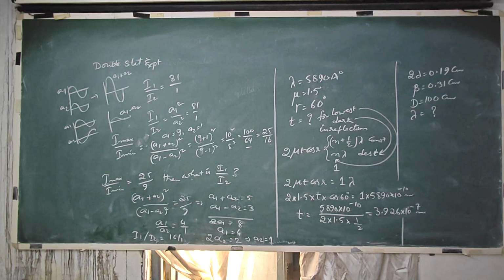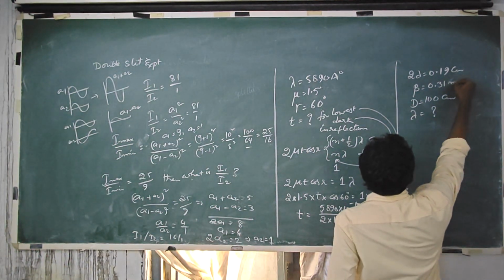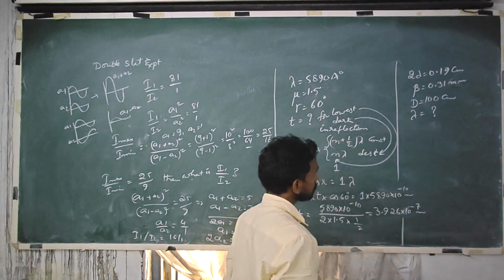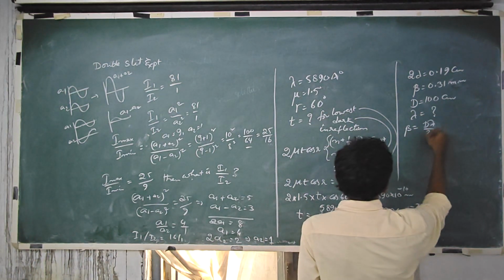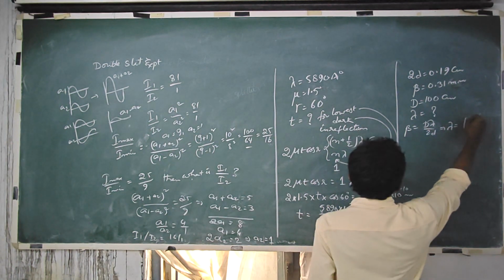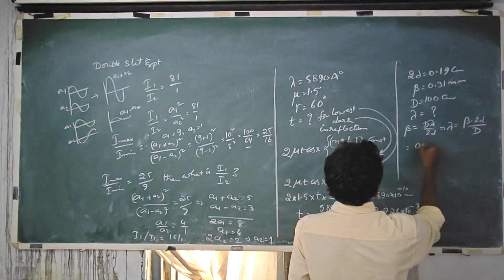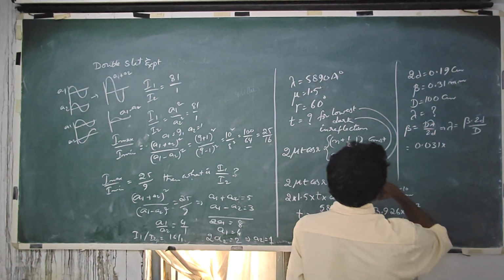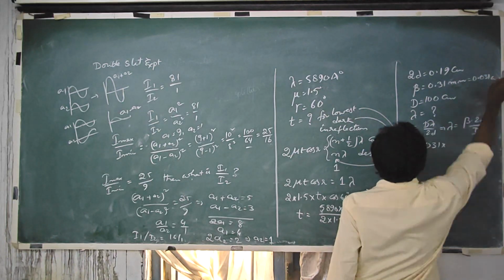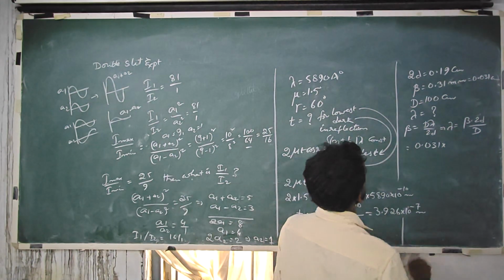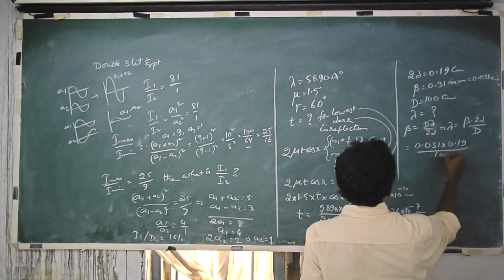What is this? It is 0.31 mm. Beta is D lambda by 2d. Lambda is equal to beta 2d by D. 0.031, if this is millimeters, you can write it as 0.031 centimeters. Beta 2d is 0.19 by D is 100.